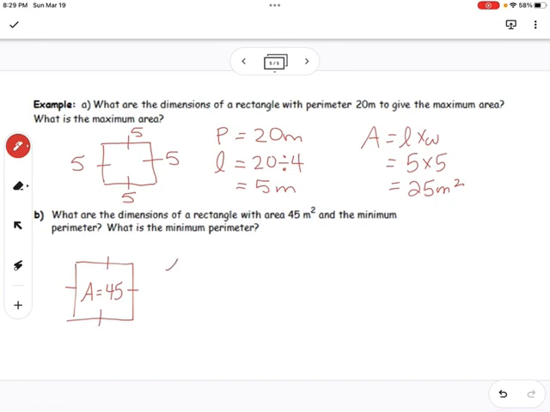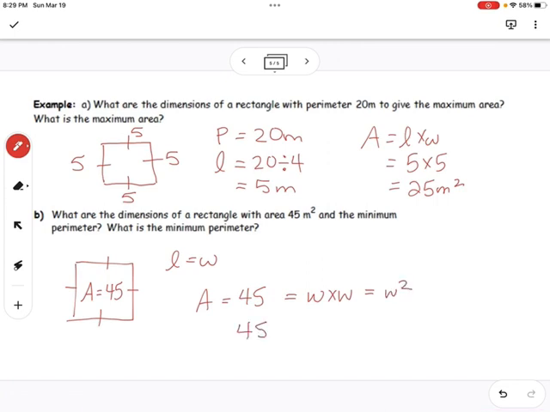So that means our length is equal to our width, our area being 45 is equal to length times width, and since our length is equal to our width, we can say that's equal to width times width, or width squared.